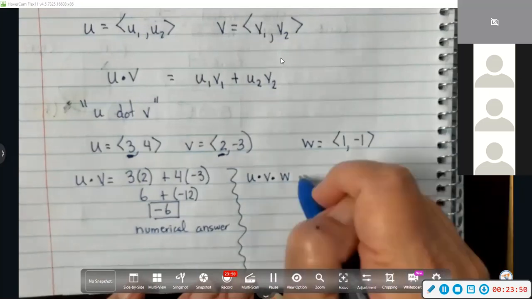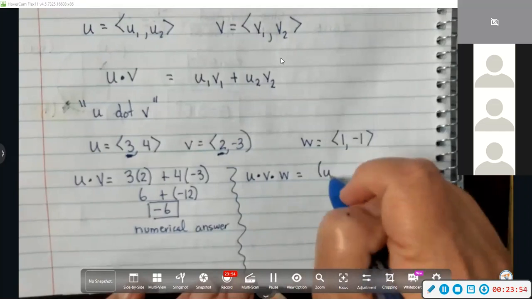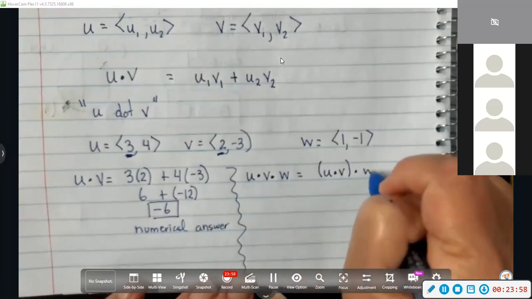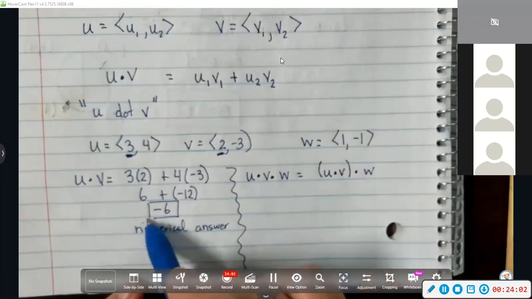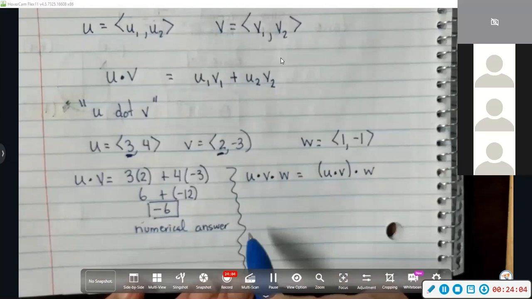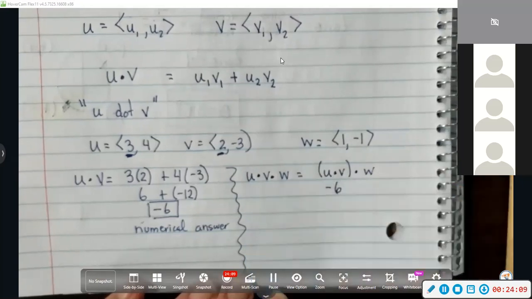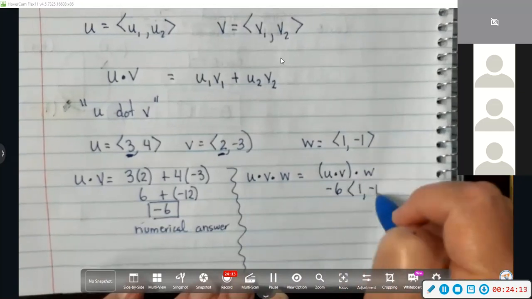so when I work this out, the first thing that I do is I do u dot v and then dot w. Well, u dot v, we already worked that out over here, right? U dot v is just negative 6. So now I have negative 6, and w is 1, negative 1.